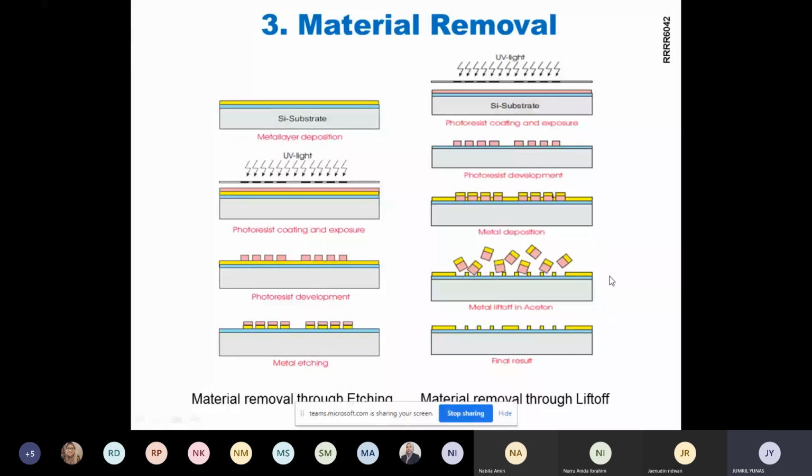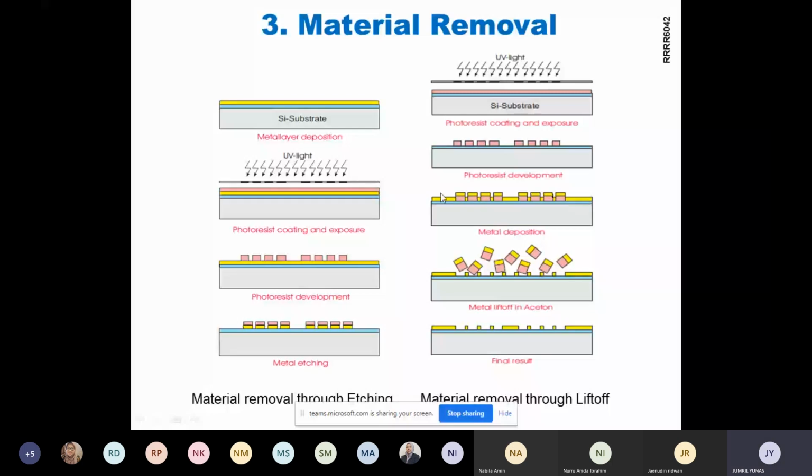This is another technique to create the structure. We call it lift off. So we create the pattern first. Contrary to etching, here we have the photoresist pattern first, and then we deposit the metal.